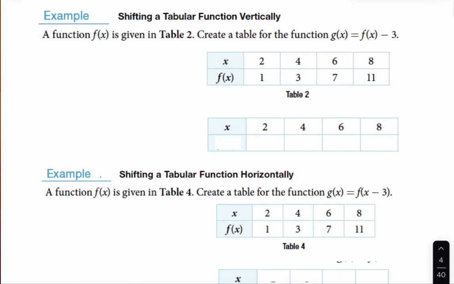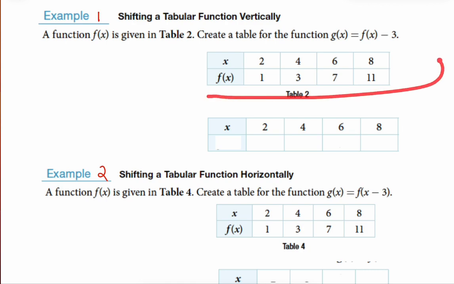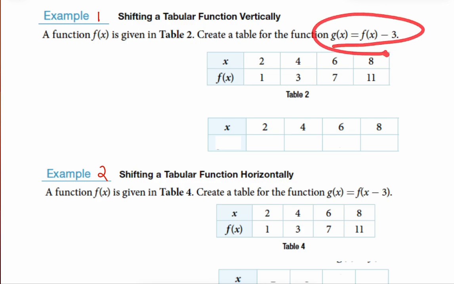So let's look at how it appears with a table of a function. We have this function listed in the first example here. Let's call this example 1. In example 1, we have this function f of x. And if we want to change the function, see here how we're changing it by subtracting on the outside.